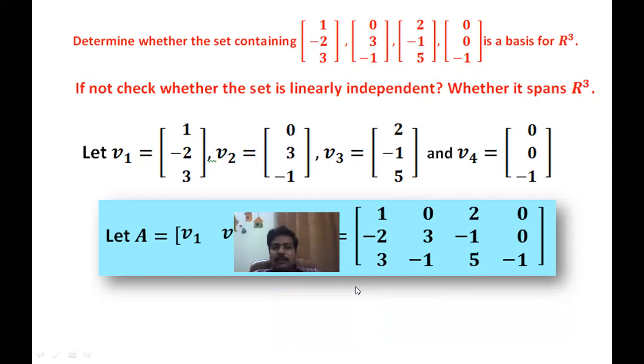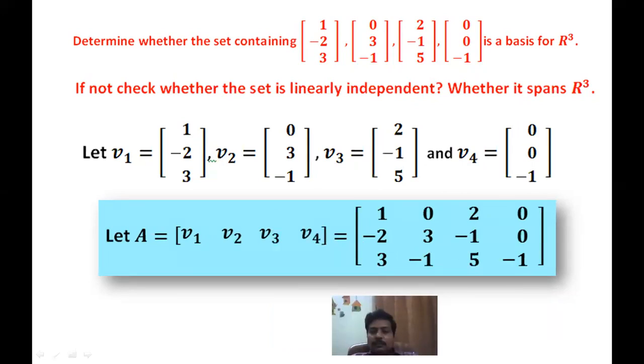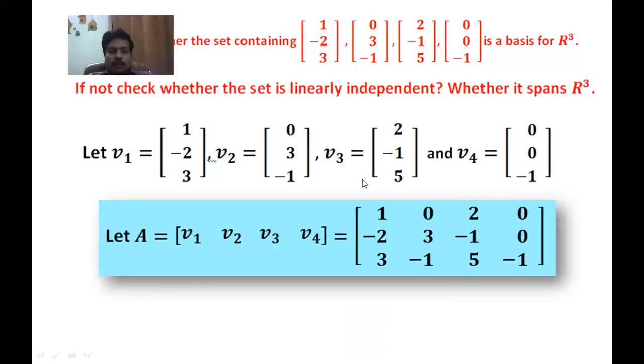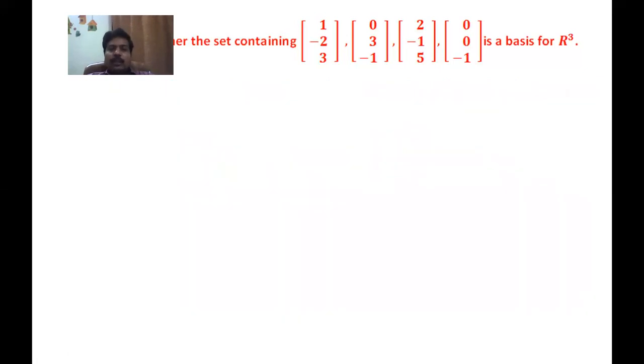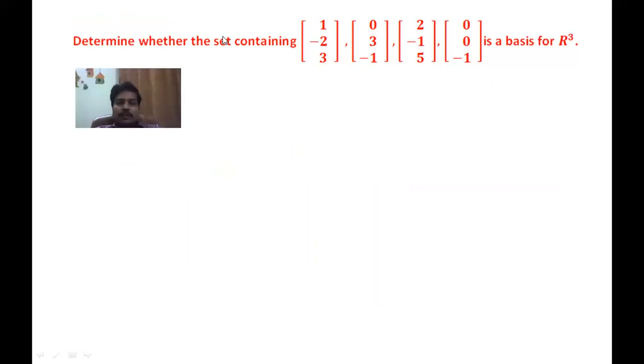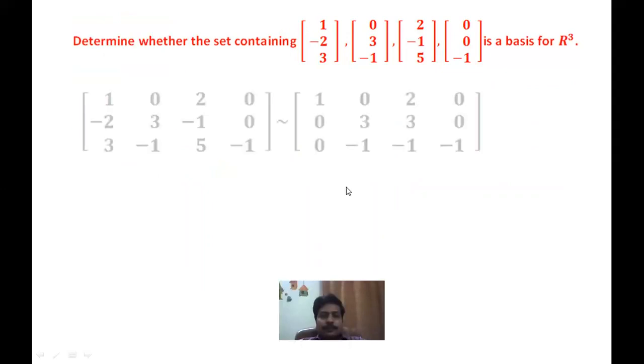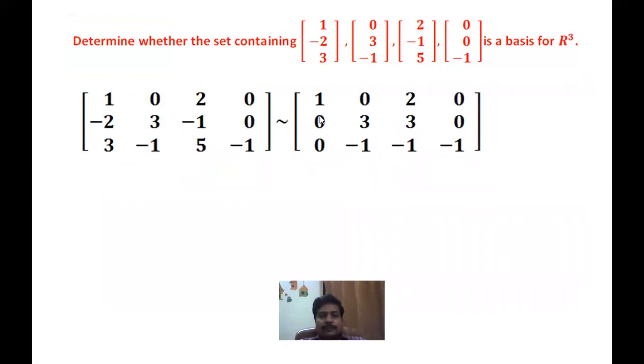We can observe that this is not in echelon form, so we need to convert this into echelon form. We need to reduce it into echelon form by using elementary operations. So again, we are making these two entries zero by using elementary operations. So this row is added to twice the first row: R2 goes to R2 plus 2R1.